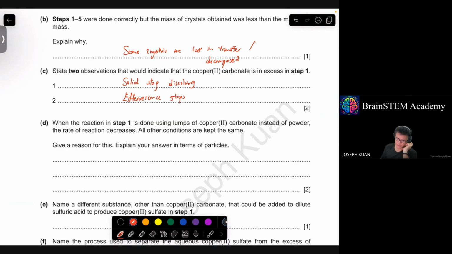Moving on to D: when the reaction in step 1 is done using lumps of copper 2 carbonate instead of powder, the rate of reaction decreases. All other conditions are kept the same. Give a reason for this. Explain your answer in terms of particles. Well, this is about rate of reaction.